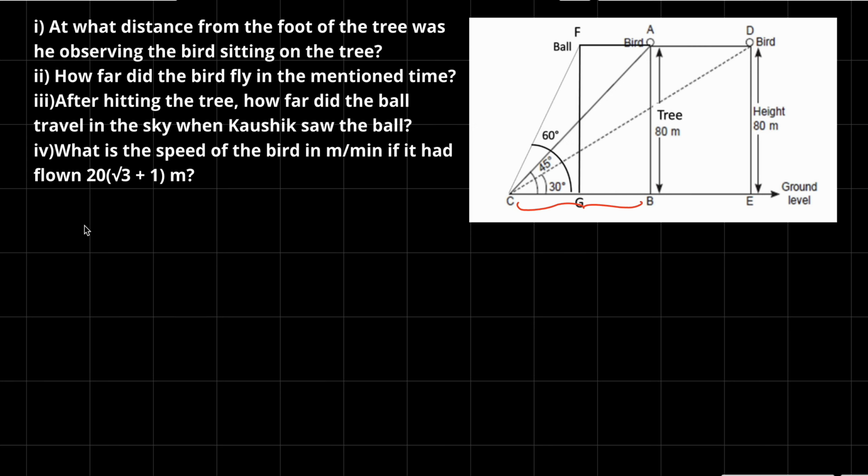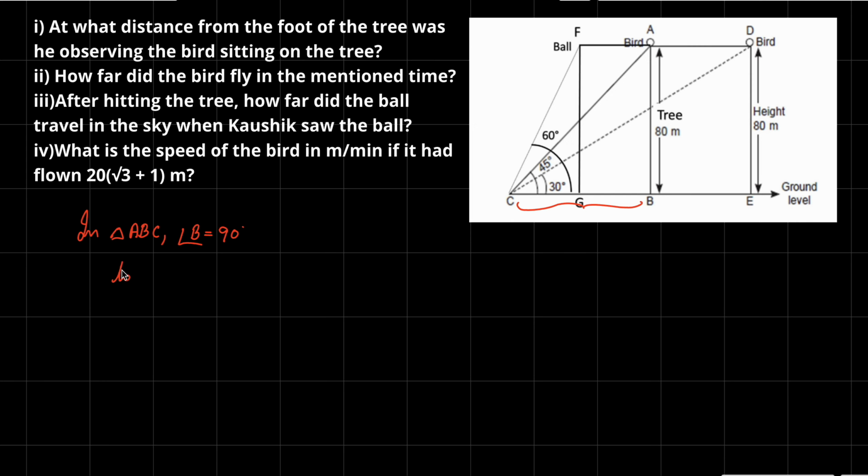the distance BC. So in triangle ABC, angle B is given as 90 degree. Now for our angle 45 degree, AB is the opposite side and BC is the adjacent side.